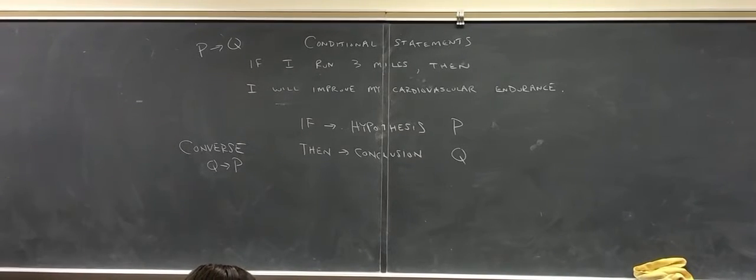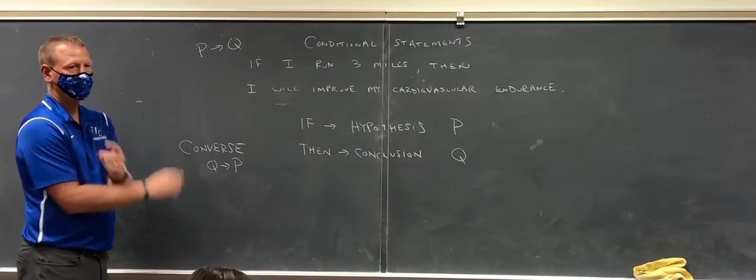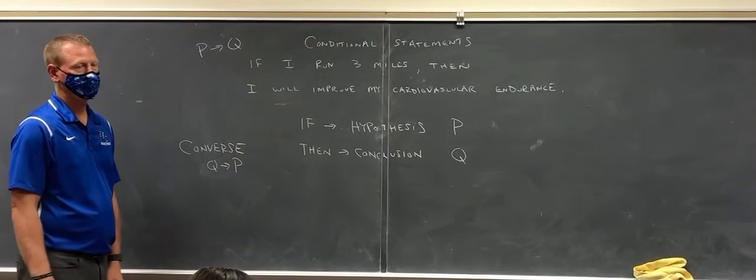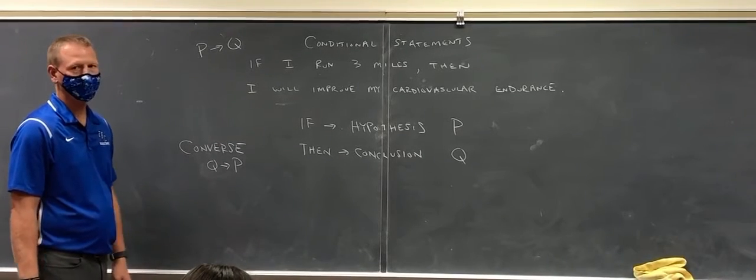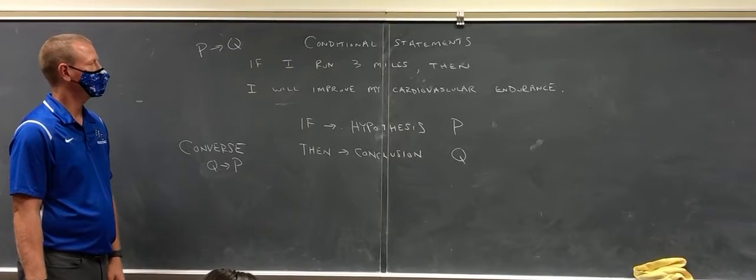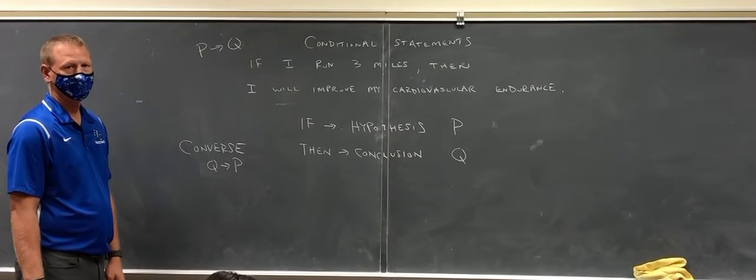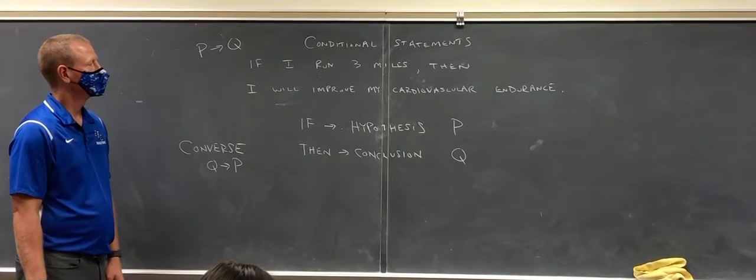So basically all that means is we're going to take our original conditional statement and flip-flop the if and the then. So can somebody tell us what our new statement would be if we're saying what is the converse of if I run 3 miles, then I will improve my cardiovascular endurance? Would it be, I will improve my cardiovascular endurance by running 3 miles a day?